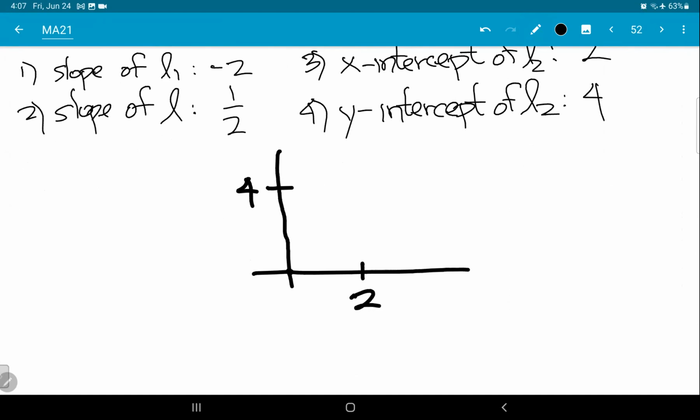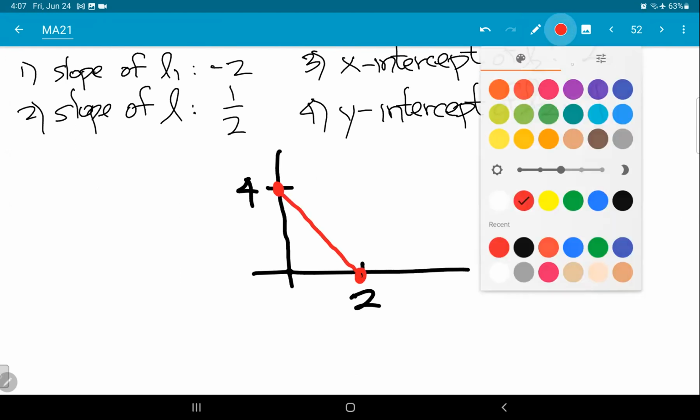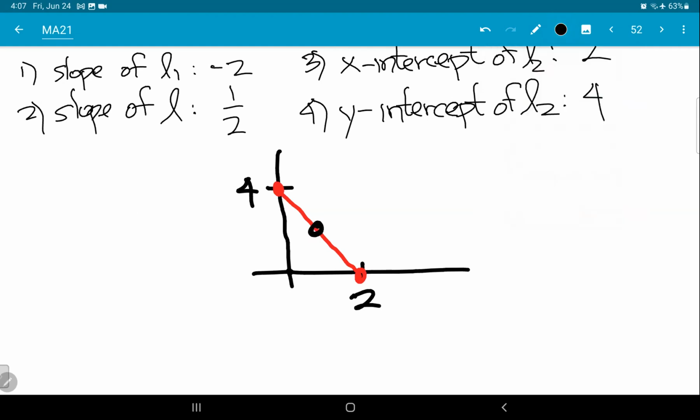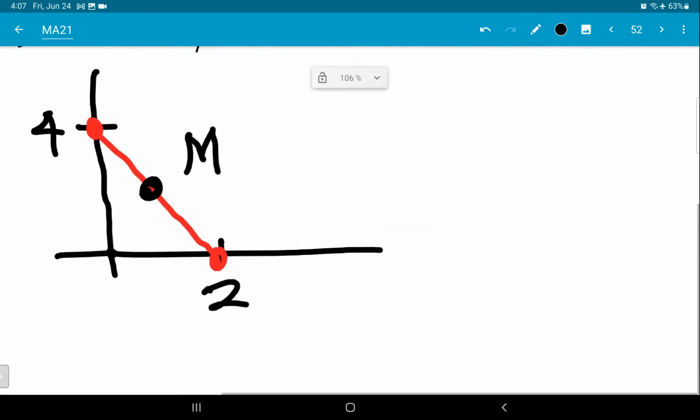Paano natin hahanapin? Midpoint. Call it M. How do we get the midpoint? Anyone? Suggestion.